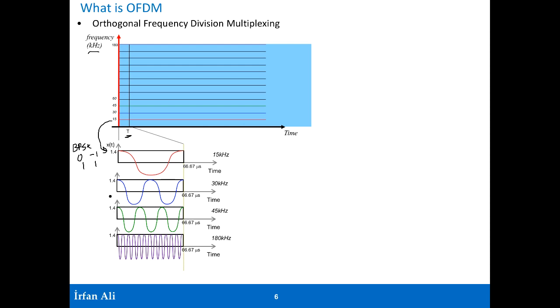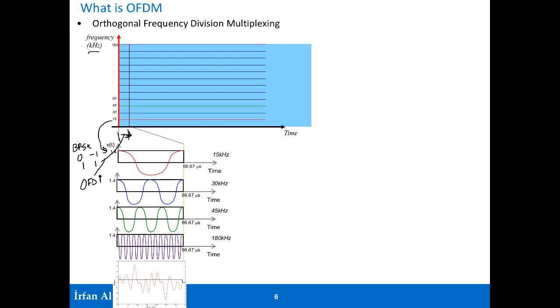And if you do that and generate random 0s and 1s for all 12 of these, you'll get a signal which looks something like this for a particular combination of 0, 1 bits over here. And you send this signal out in this particular period over here, and this is called an OFDM symbol.